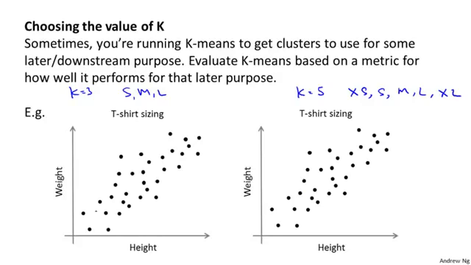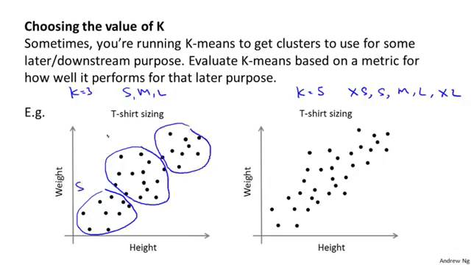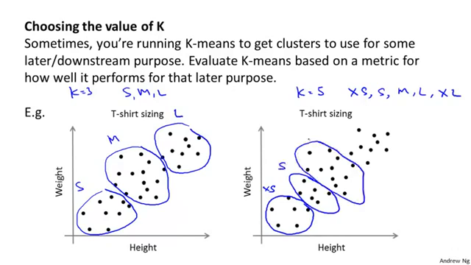So if I run k-means with k equals 3, maybe I end up with that's my small, and that's my medium, and that's my large. Whereas if I run k-means with 5 clusters, maybe I end up with, those are my extra small t-shirts, these are my small, these are my medium, these are my large, and these are my extra large. And the nice thing about this example is that this then maybe gives us another way to choose whether we want 3 or 4 or 5 clusters.